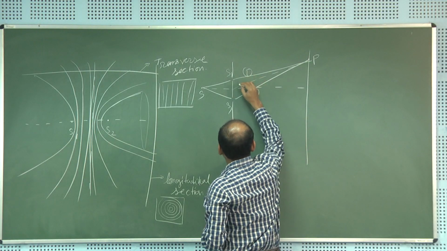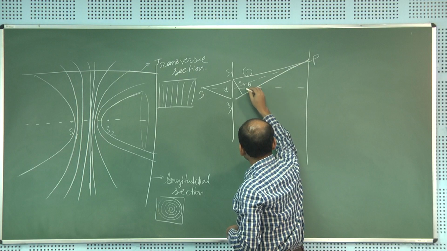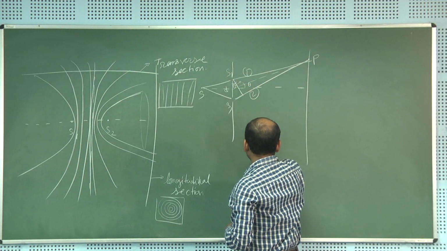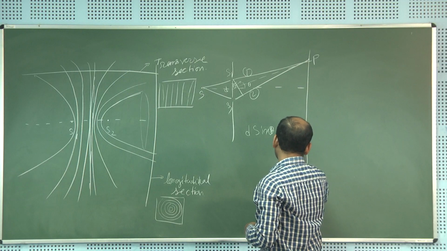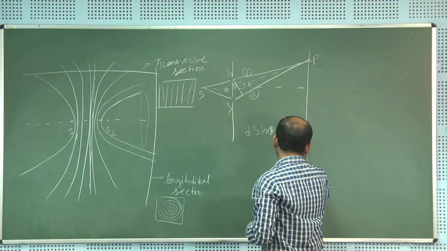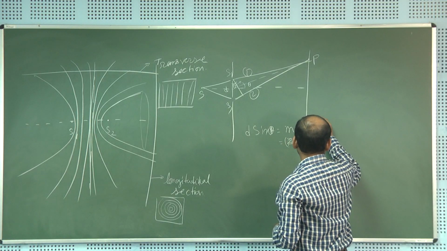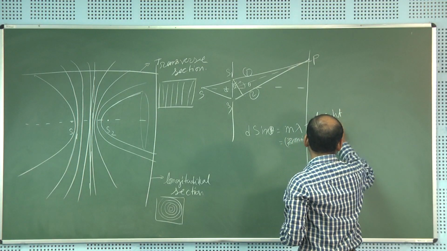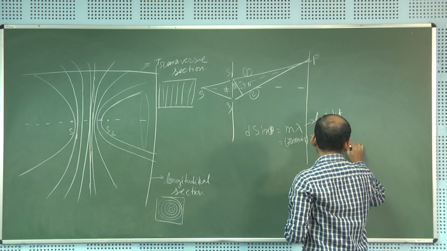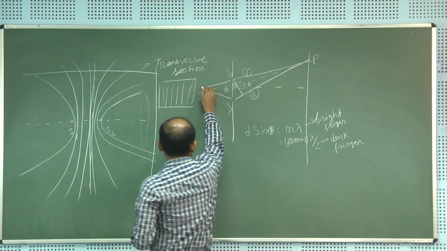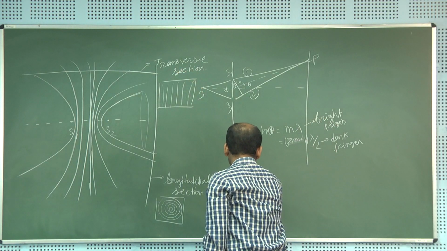For example, the path difference, where this is d and this is theta, would be d sin theta equals m lambda, where you get the maximum, and for the minimum we need (2m+1) lambda by 2, for bright fringes and for dark fringes respectively.